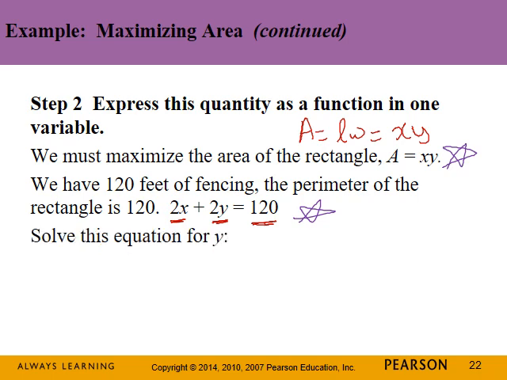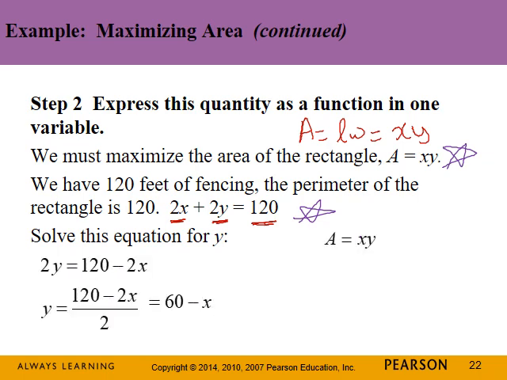Now we have to solve for y. All right, let's take a look at this side right here. Here, we took this perimeter equation and we moved the 2x to the right side.